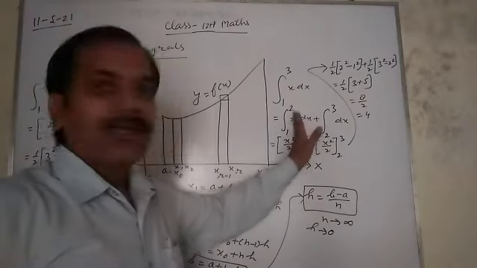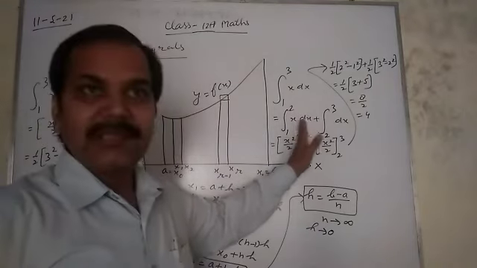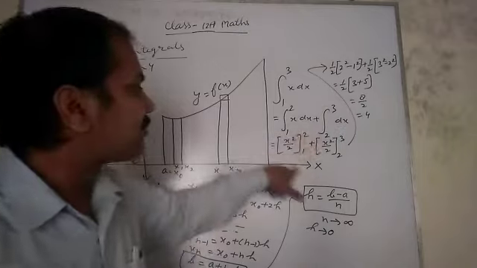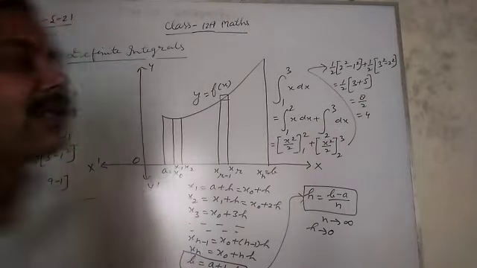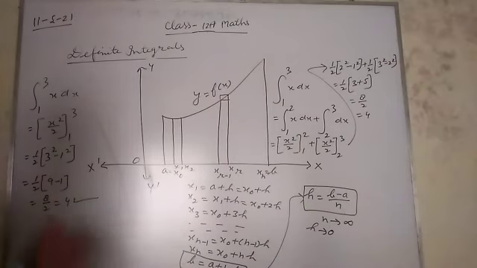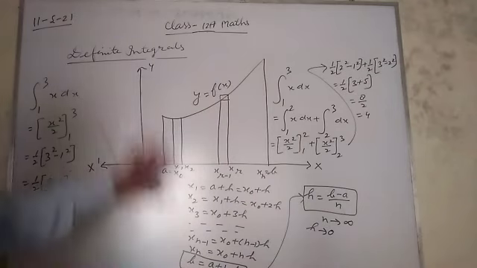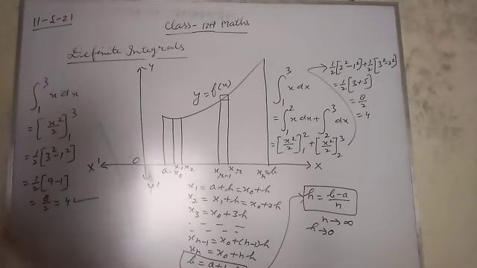And when we do it by sum of limits, it also comes the same. Means definite integrals we can represent as a sum of limits, understood?